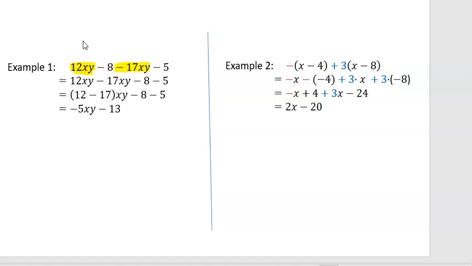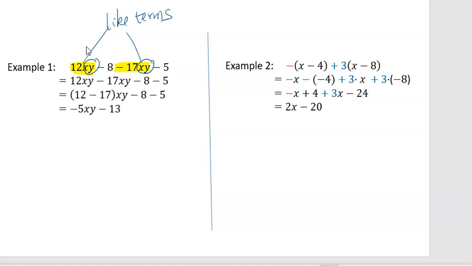For example, whether x and y represent apples or bananas, if they're both xy and xy, they must match. They must be the same item, same object. Mathematically we call them like terms. The numbers in front of them don't have to be the same because they just tell us the quantity.